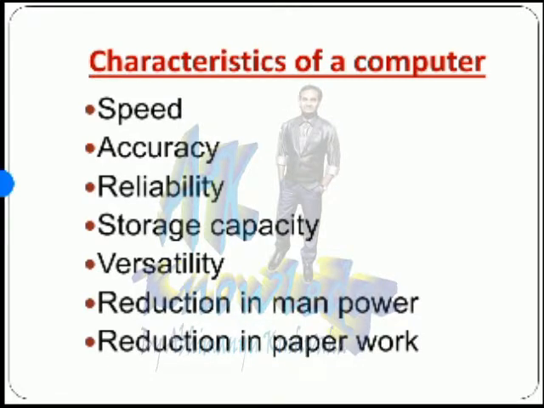On the other hand, a human being can retain only relevant information in his memory and tends to forget the rest. So this is called storage capacity or memory. So a computer can store a big amount of data or files for a very long time, but humans can't.